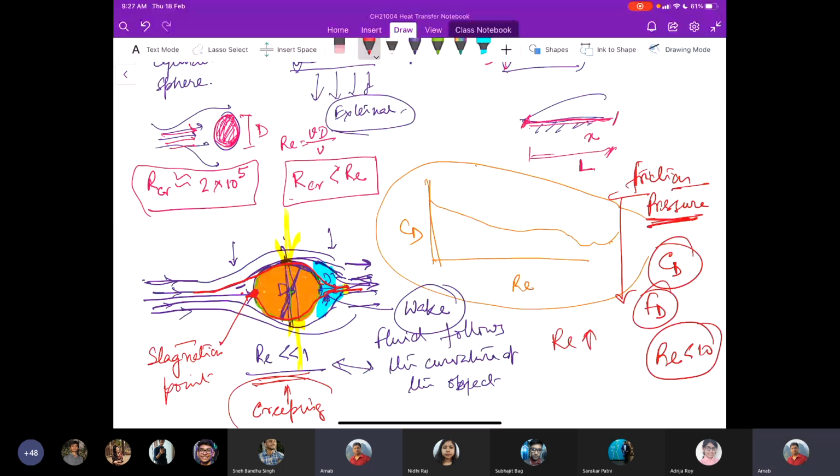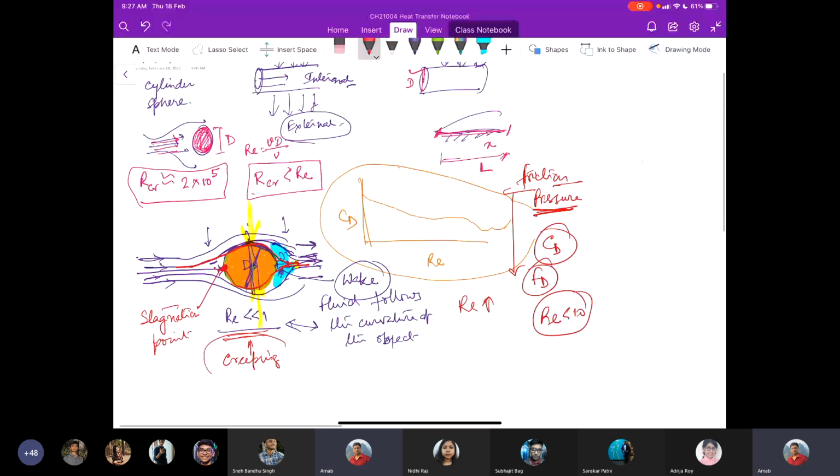So typically it can be said that if the Reynolds number is lesser than 1, in such flow scenarios, the drag force is primarily due to the friction drag.